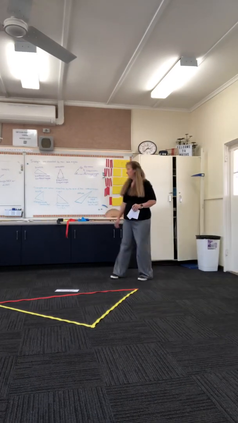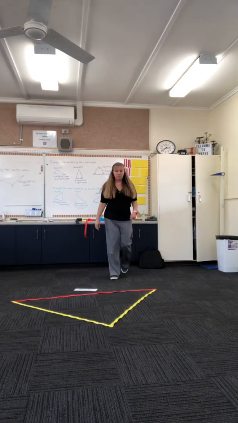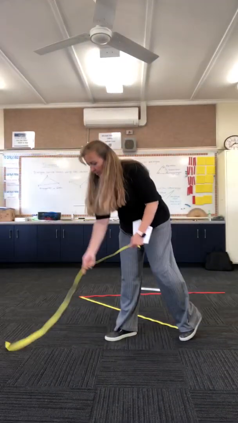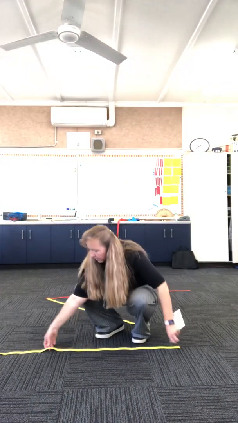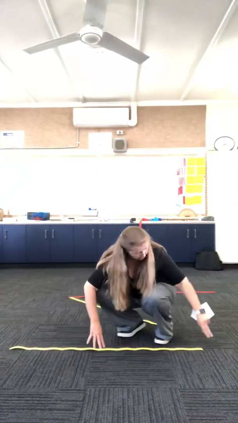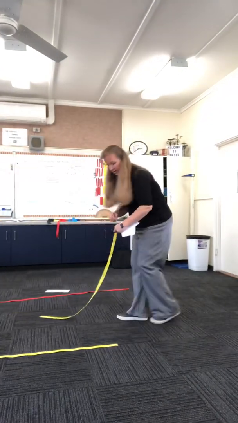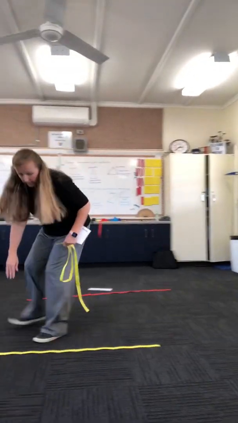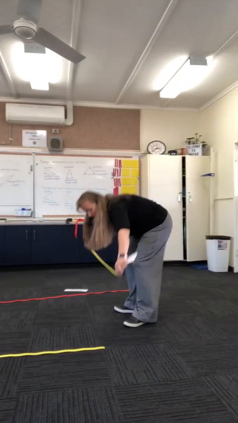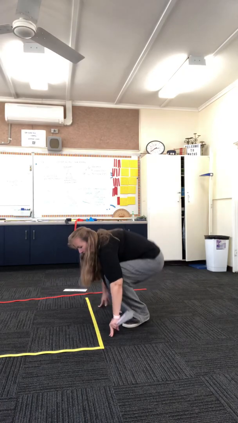Now, the next one is going to be our right angle triangle. I'm going to use the floor to help me with this. So I'm going to lay one side of my triangle along the grid floor here. I'm going to lay the other side of my triangle up the grid on the floor, and there we have our right angle.